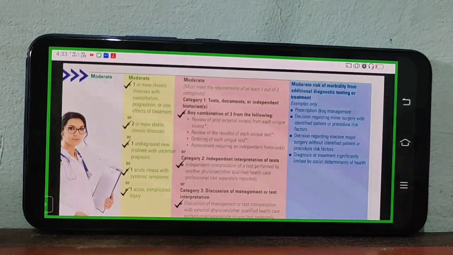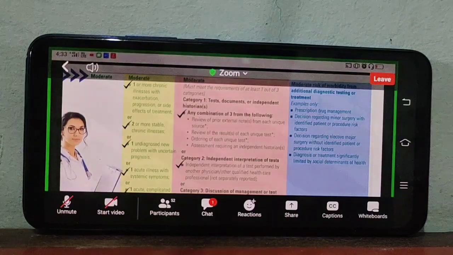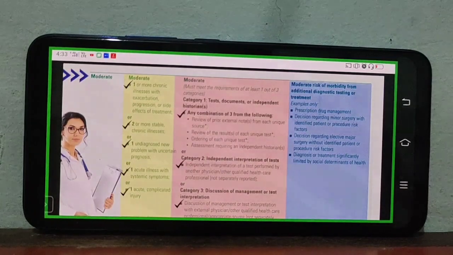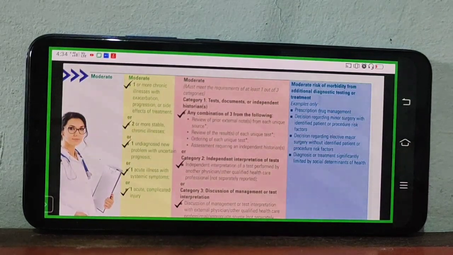So the coders are using the website to find out whether the drug is OTC or prescription. In your CPC exam, you can't use that website. So don't worry, the doctor directly denotes OTC. The OTC name is directly given by providers. Don't worry.